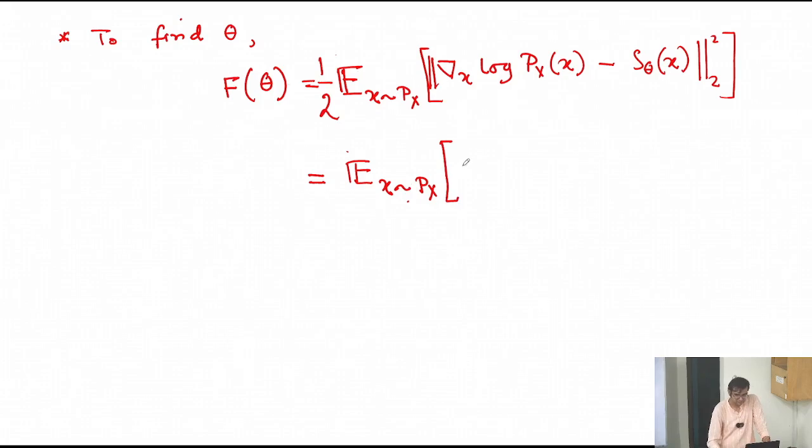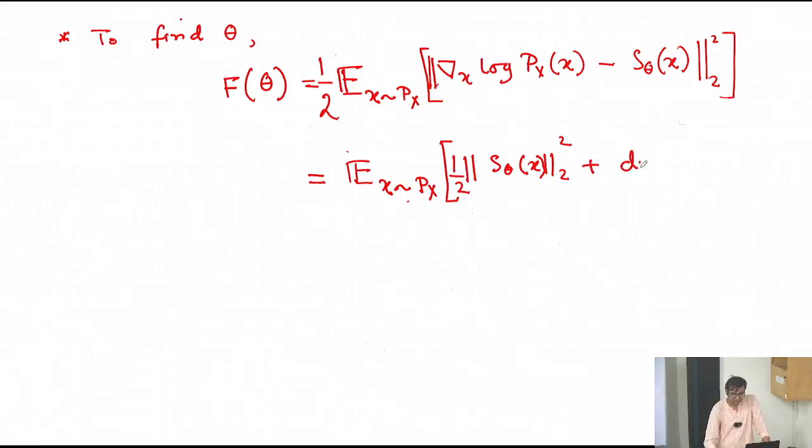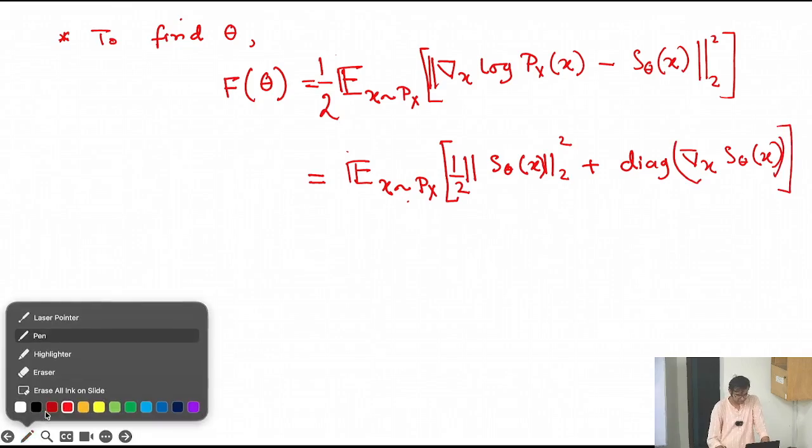So the norm of the score squared, okay, one bracket is missing, half of that, plus diagonal of the gradient of s theta x, not diagonal, sorry, trace. Previously I wrote diagonal or trace. Trace, I wrote it correctly, right?